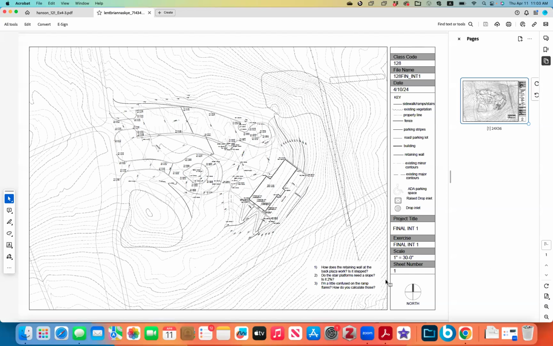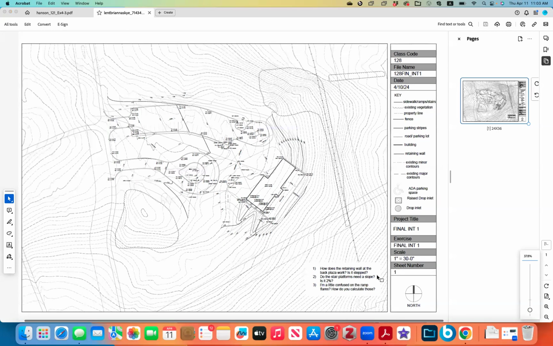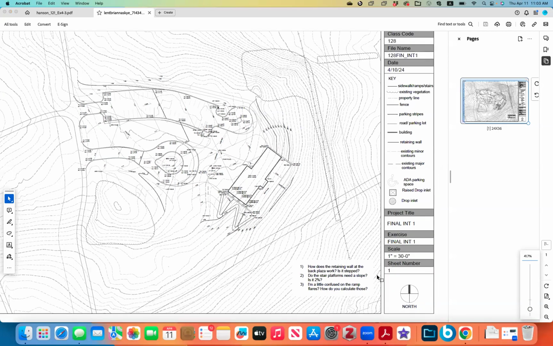How does the retaining wall at the back plaza work? Is it steps? Yeah, it is stepped. So the wall has to be stepped because for every segment of the wall, the maximum height would be 4 feet. But in this class, we're not expecting you to label every top of wall and bottom of wall for the segments.